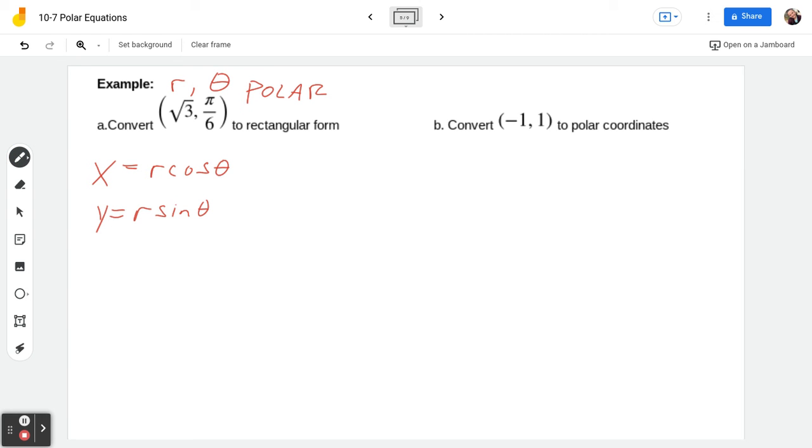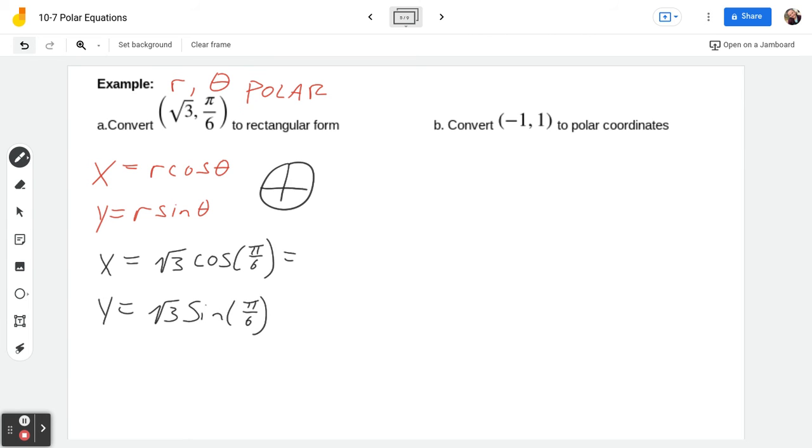To write this and solve for x and y, x is equal to r, which is the square root of 3, times cosine of theta, which is pi over 6, and y is r, which is radical 3, times sine of pi over 6. Hopefully we remember our unit circle here.